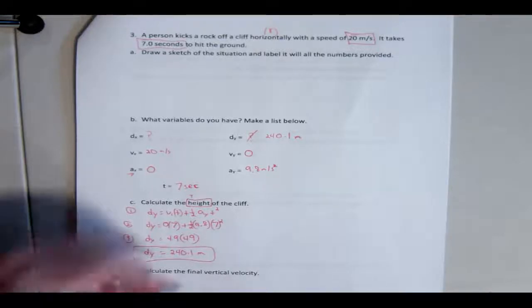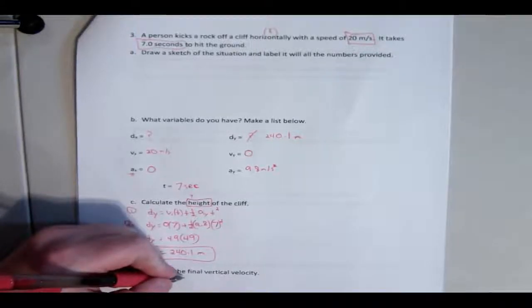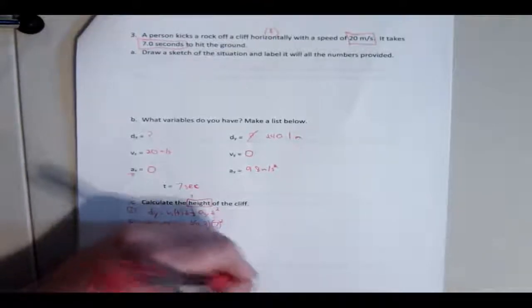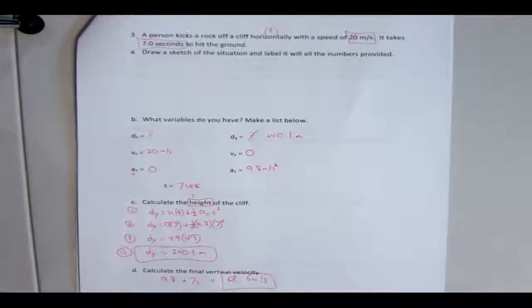So that's going to be 9.8 meters per second squared times 7 seconds, which equals 68.6 meters per second, because that's a velocity. Bam. Awesome. Not very hard. Same formula. Different parts of the same formula. Easy money.